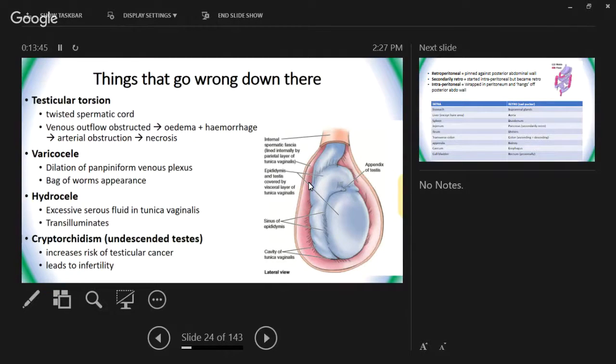Hydrocele is just an excess of serous fluid in the scrotum, and you can transilluminate it with a light. And cryptorchidism, that's your undescended testes. The main thing with that is that it increases your risk of testicular cancer and it will lead to infertility if it's not fixed.